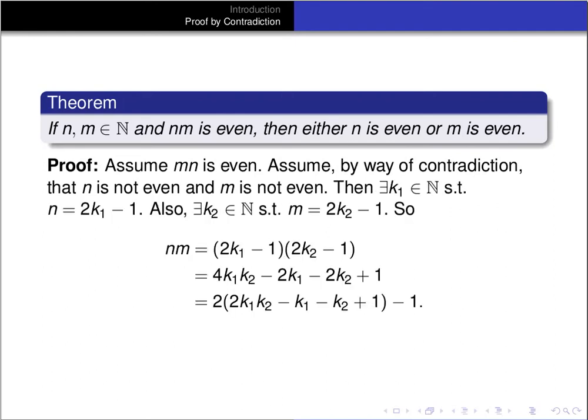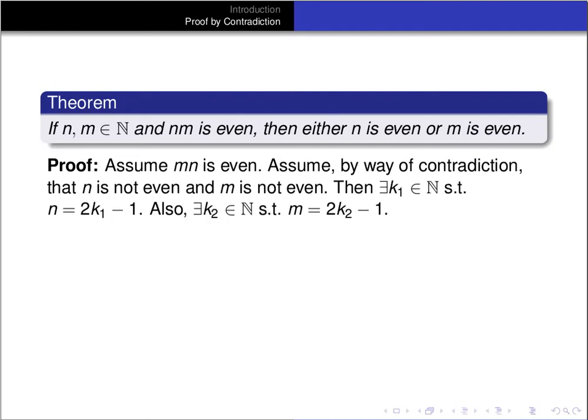So there's a natural number k1 so that n is equal to 2k1 minus 1, and a natural number k2 so that m is equal to 2k2 minus 1. That's the definition of odd. So if n is not even and m is not even, then they're both odd.